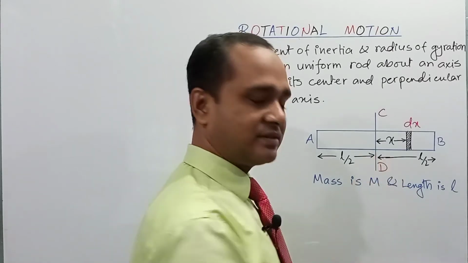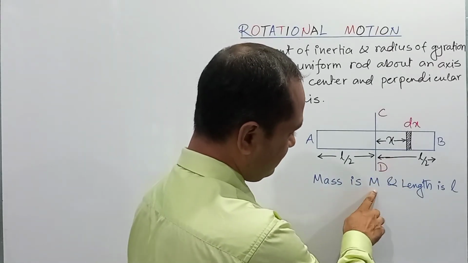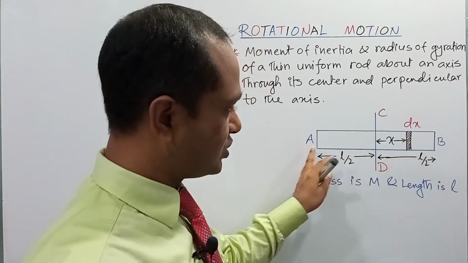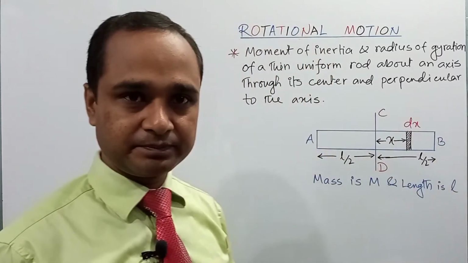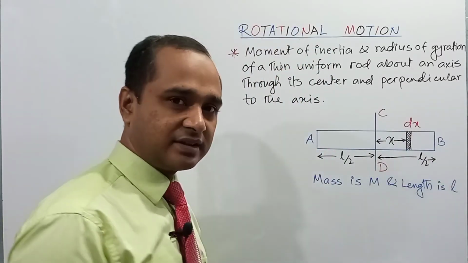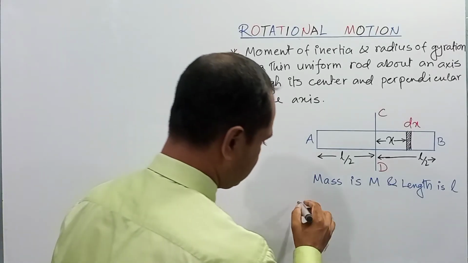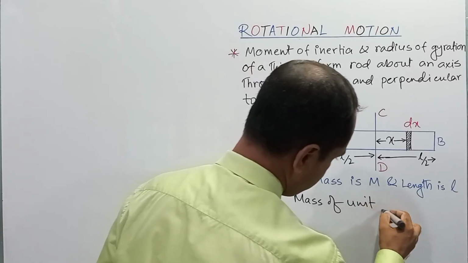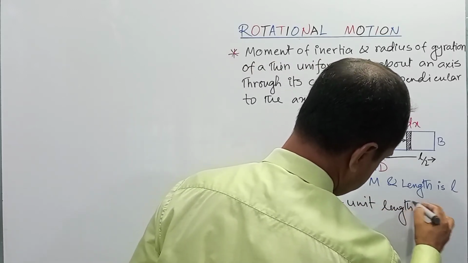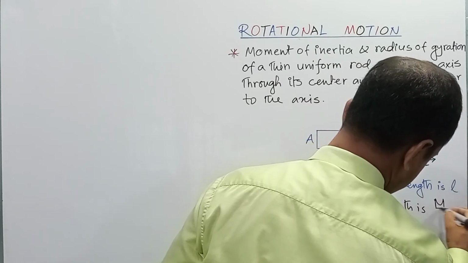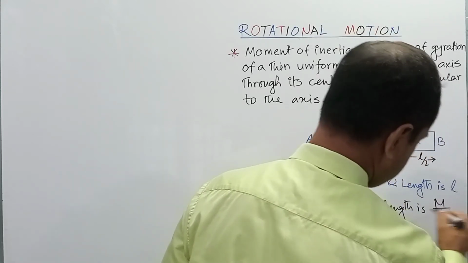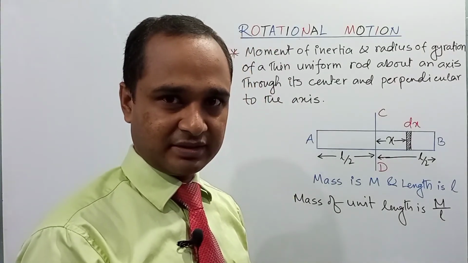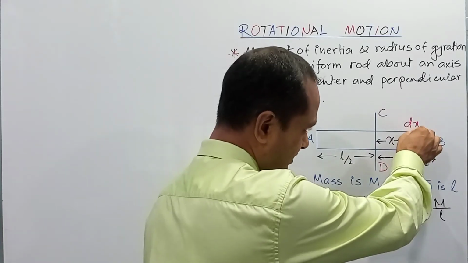Here m is unknown, but the total mass of the rod is denoted by capital M, and the total length of the rod is denoted by L. If we determine the mass of unit length, we will get M divided by L. If total mass is divided by total length, we get the mass of unit length, but we need to determine the mass of the dx portion.